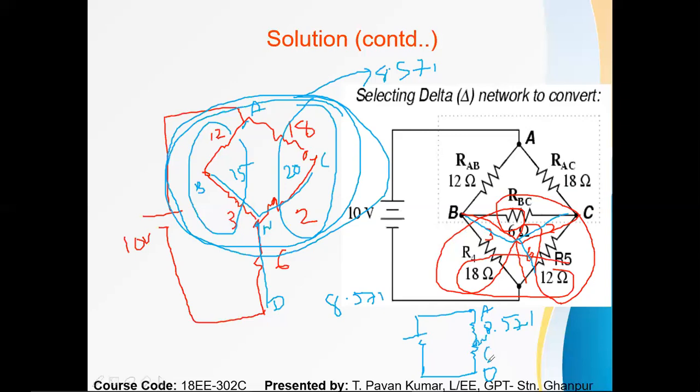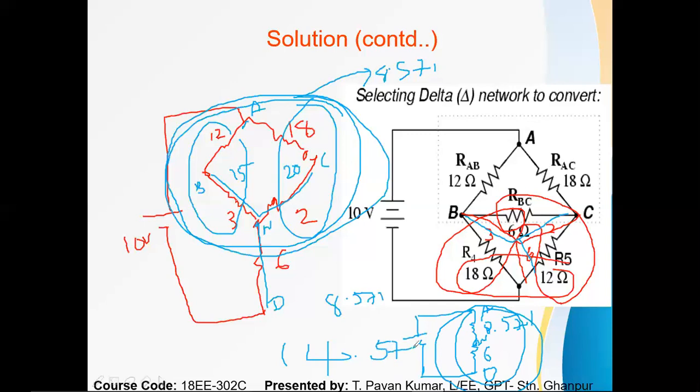Now these two are in series. Then 8.571 plus 6 will become 14.57. The total resistance between these two points A and D is 14.57. Is my answer correct or not?